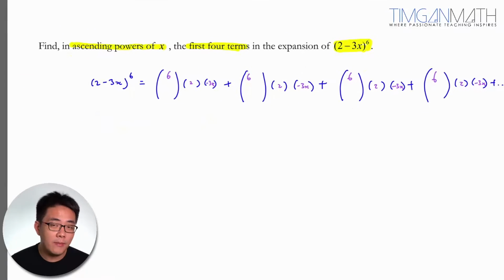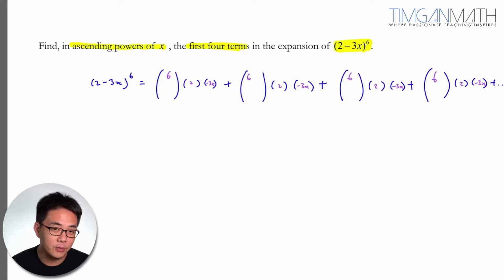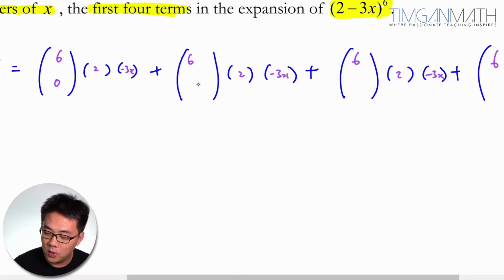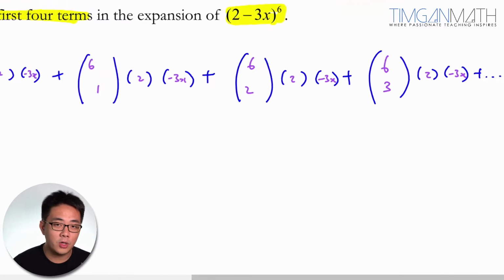Now remember, for binomial, from the Pascal triangle, when we count, we always count from 0. Counting starts from 0. So when you want to fill in the blank, just put 0, 1, 2, 3. 3 will correspond to the 4th term.